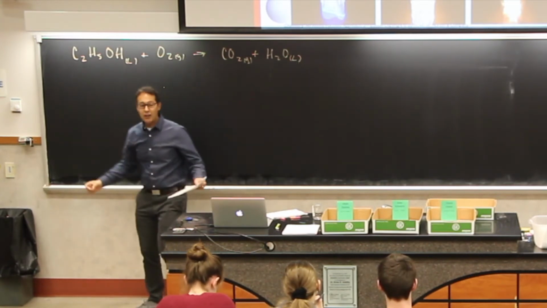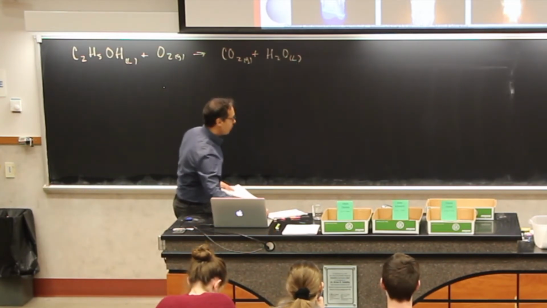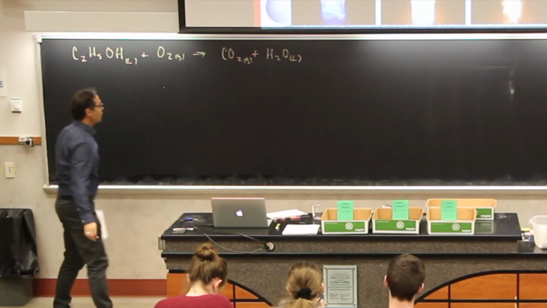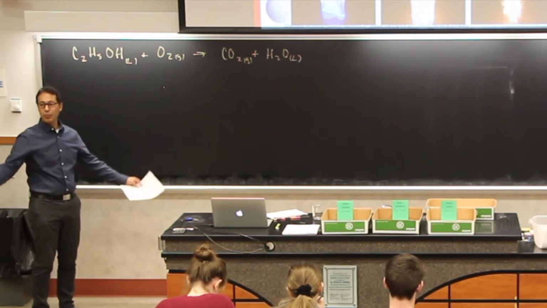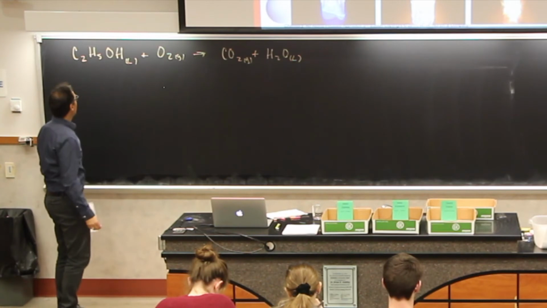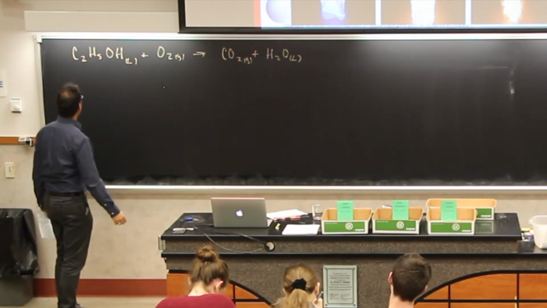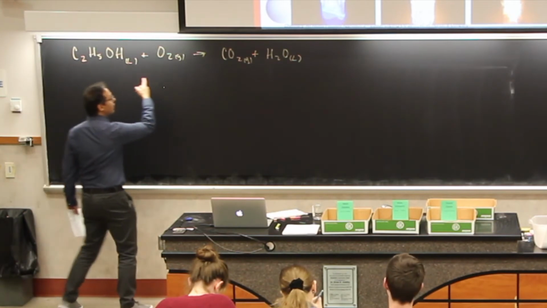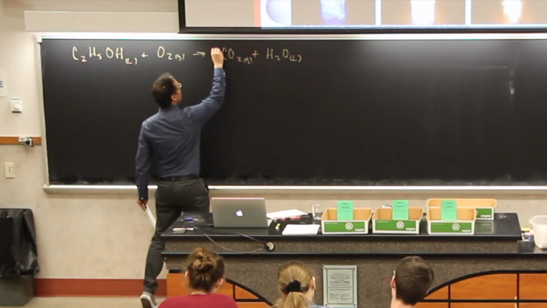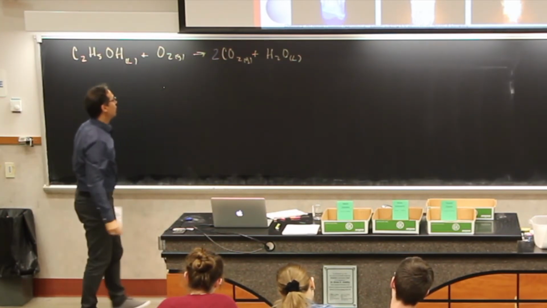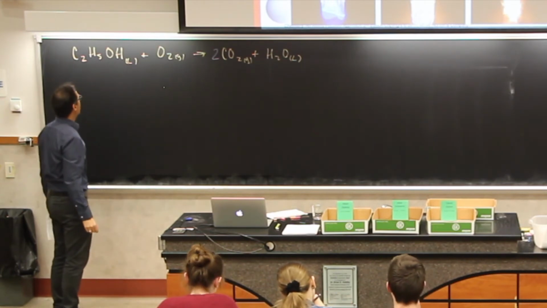Now we also need to balance this chemical equation. And when we balance it, let's avoid the oxygens because they're all over the place. That would make it hard. What element should we start with? Carbon. Let's do carbon. All right, so I've got 2 carbons here. I'll put a 2 there. And I still don't want to do oxygens. Those are messy, so let's do hydrogens.